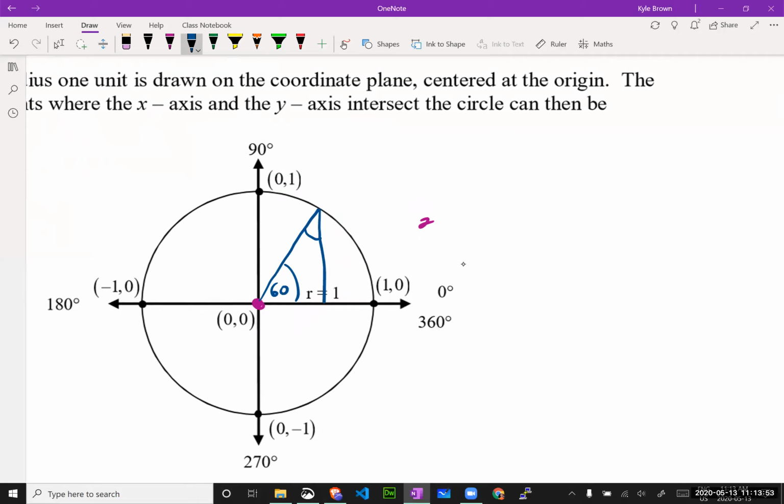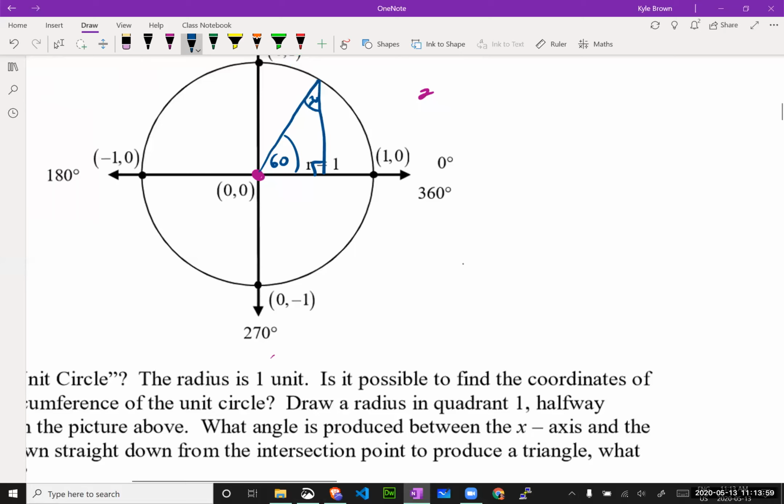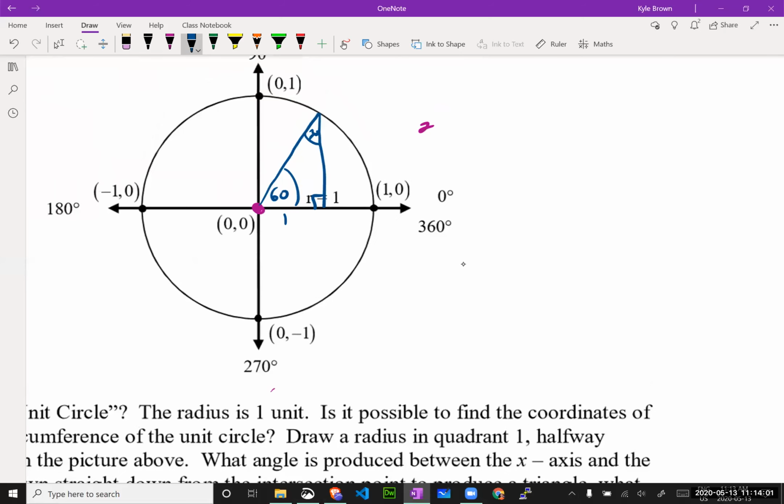So that's 60, that's 30, and that's 90 degrees. We just found that this one, our x, was a half, and this length here was root 3 over 2. So that point on the unit circle would be 1/2, comma, root 3 over 2, right? So now we found that.